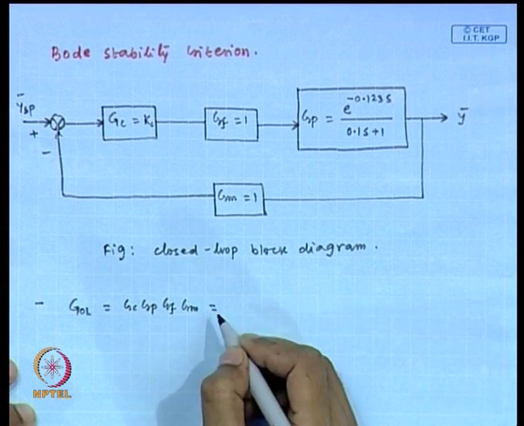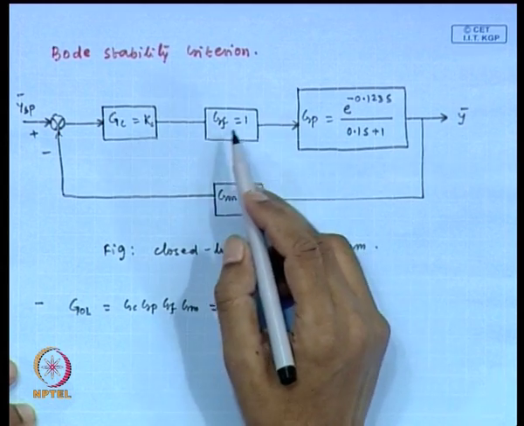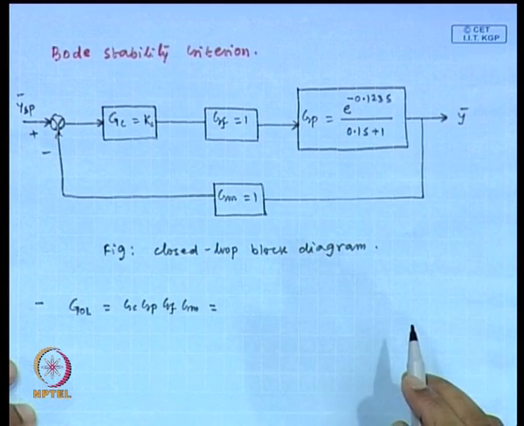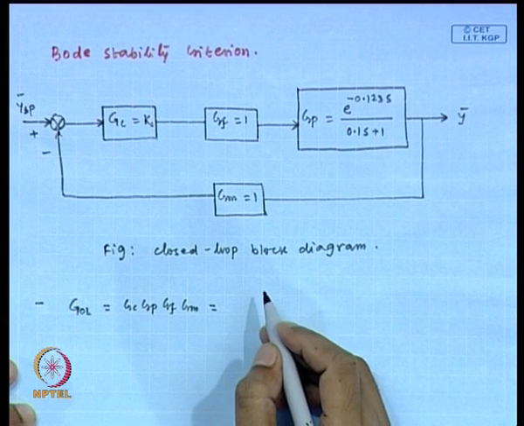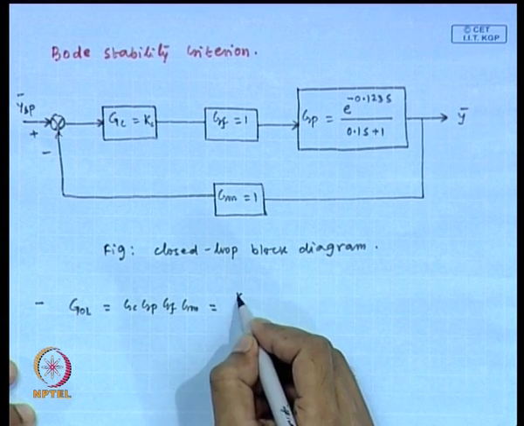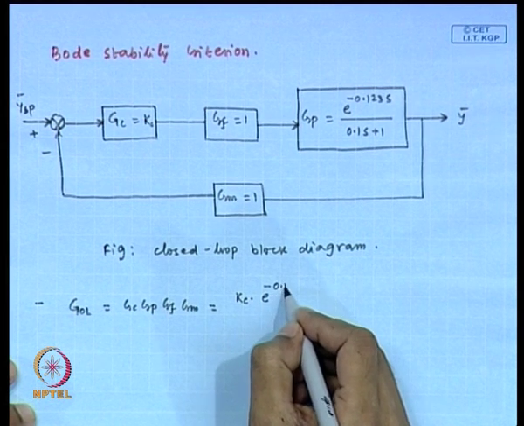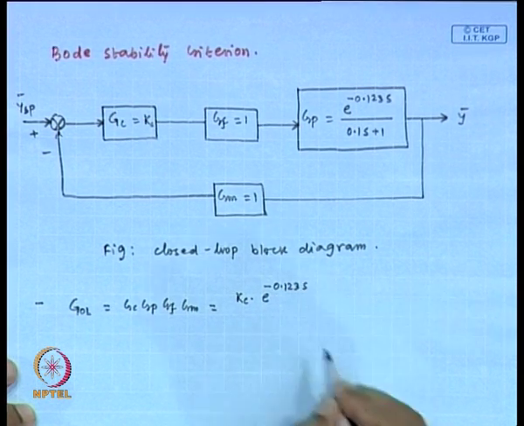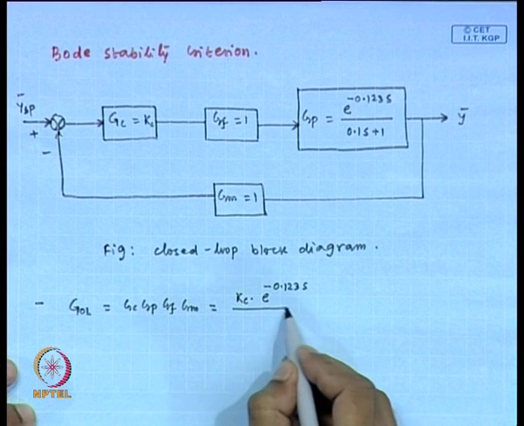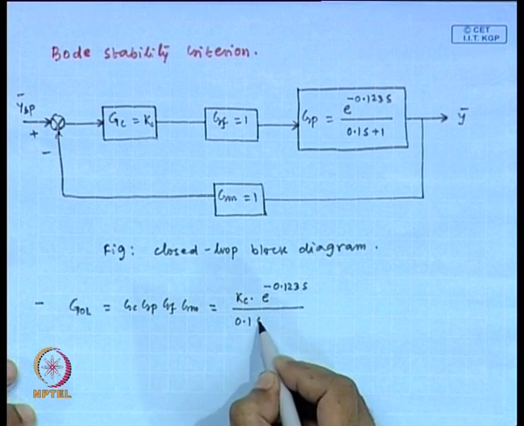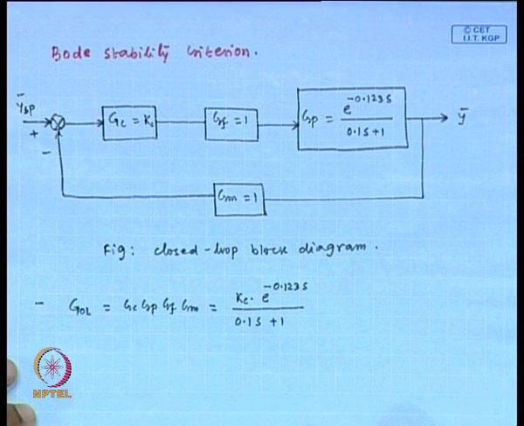Now, all the transfer functions are defined in this closed loop block diagram. Accordingly, we obtain Kc exponential of minus 0.123 s divided by 0.1 s plus 1. Agree?